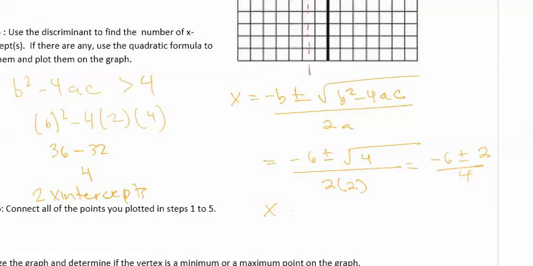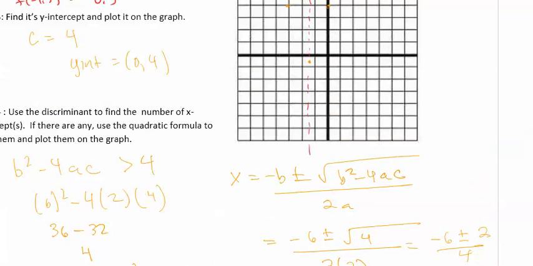So let's split our x's up. So x can be negative 6 plus 2 divided by 4, and x can be negative 6 minus 2 divided by 4. So negative 6 plus 2 is negative 4 divided by 4, and so x equals negative 1. And then x equals negative 8 divided by 4, and so that's actually negative 2. So x equals negative 1 and x equals negative 2 are our x-intercepts. So (negative 1, 0) and (negative 2, 0).